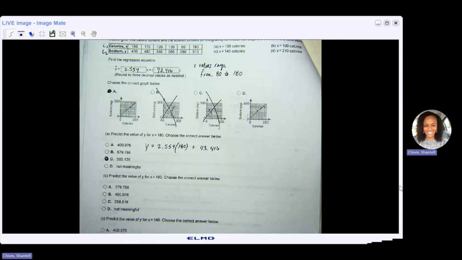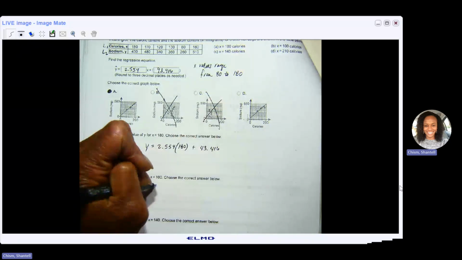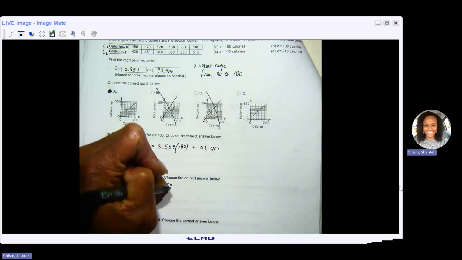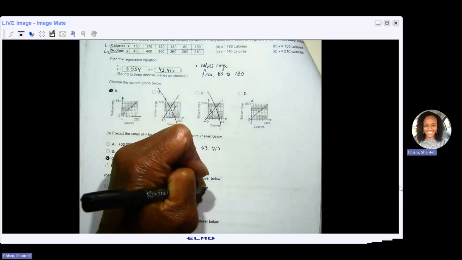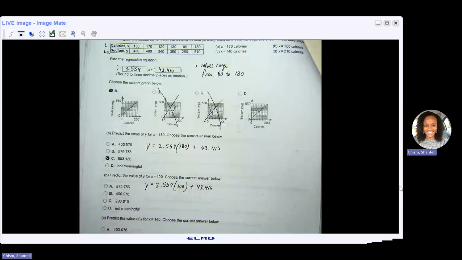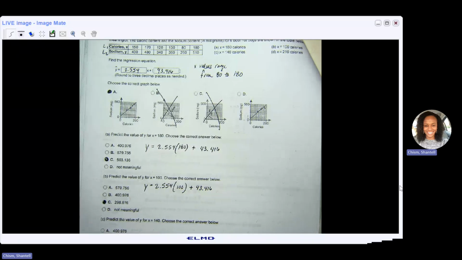For part B, we're predicting when x is equal to 100. 100 is within that range. So y equals 2.554 times 100 plus 43.416. And so that ends up being C. Okay.